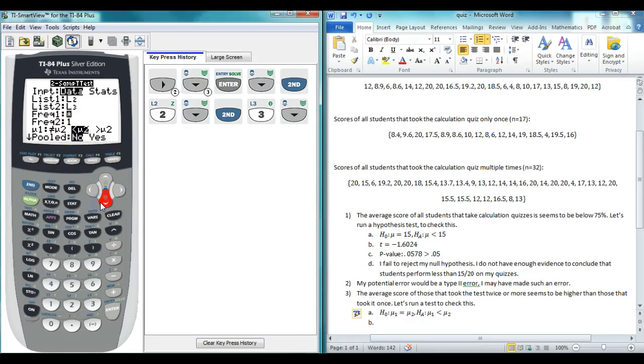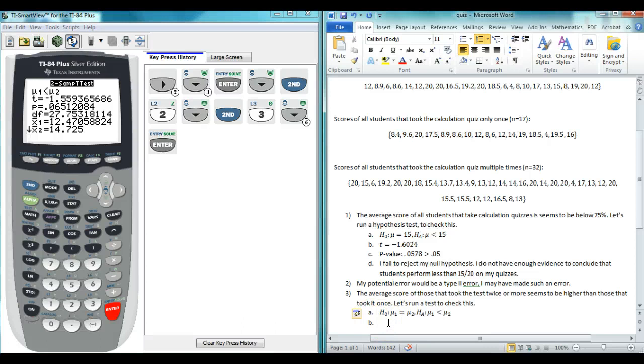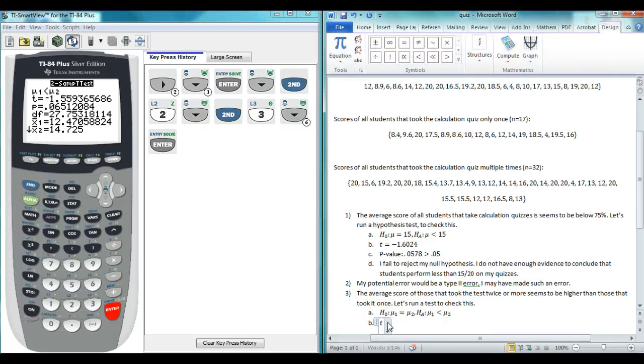So I'm testing mu1 less than mu2. We never pool here because we don't know what the standard deviations are like in the background. And then I'm just going to calculate. And let's look at that. Okay, so now we're getting a t-statistic of about negative 1.5594.